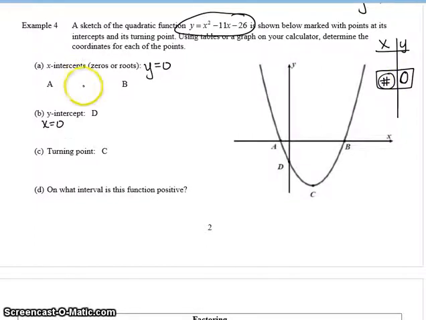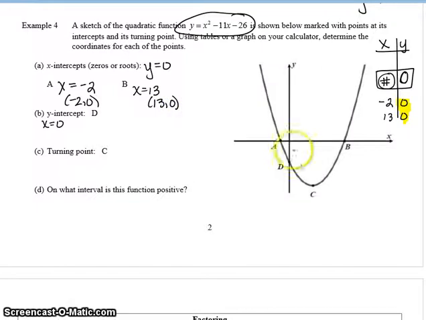Okay, so on the graph, it ends up being -2, 0, and then there's also a 13, 0. Again, you're looking to see when y is equal to 0. So my point A, x is at -2, and my B, x is at positive 13. You can give them as coordinates too, so it's -2, 0, and 13, 0.